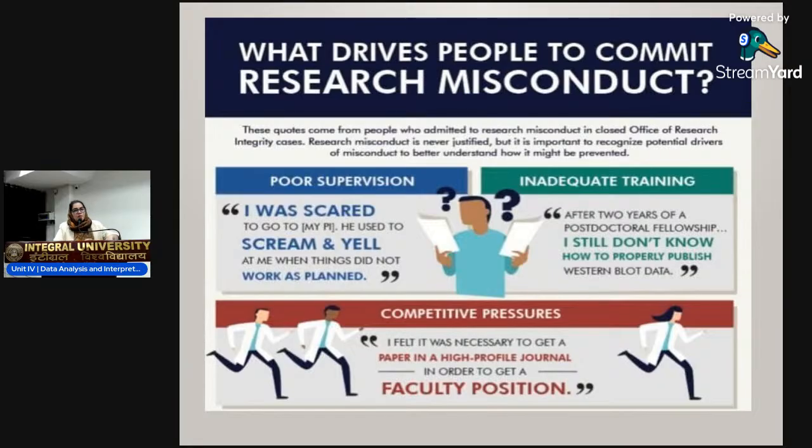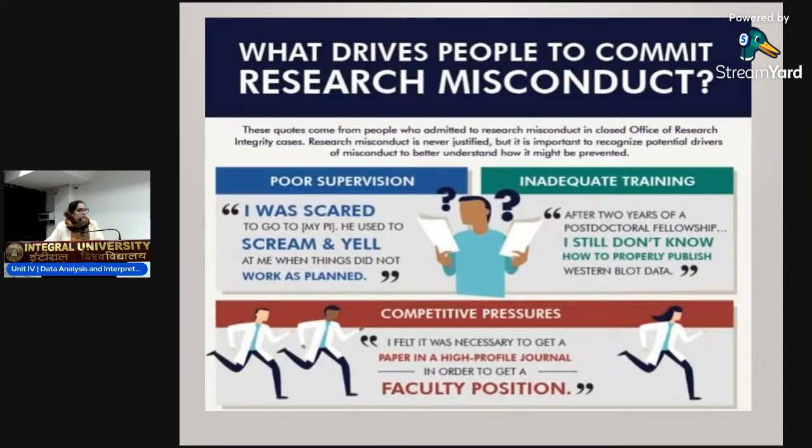So if you are unprofessional, it directly reflects upon the training that you have received during maybe your schooling. School is very small. During your post-graduation, during the doctoral studies. So if you will be graduating from our institution, if you're unprofessional in your behavior, it will directly reflect upon the training. So that's why poor supervision and inadequate training has been put at the top.